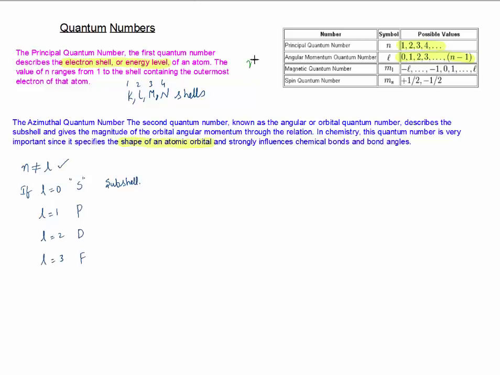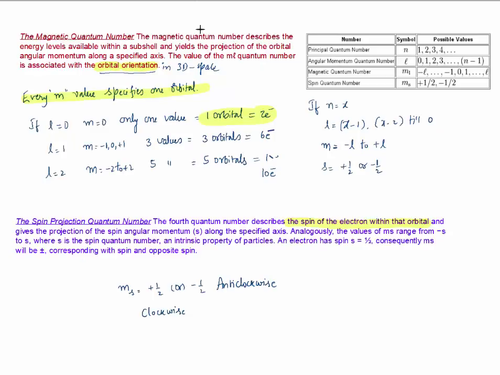Please remember, this is represented by l, and the next one, magnetic quantum number, is represented by m or ml. The next, spin quantum number, is represented by ms.